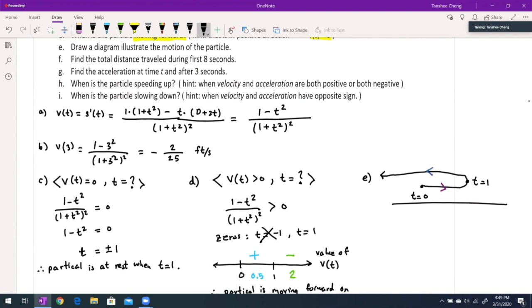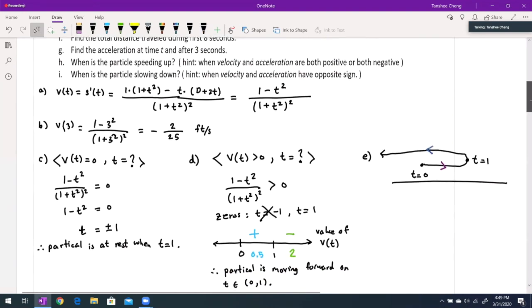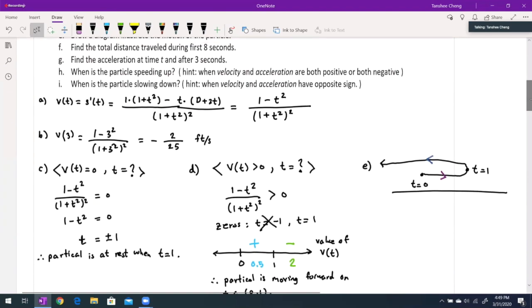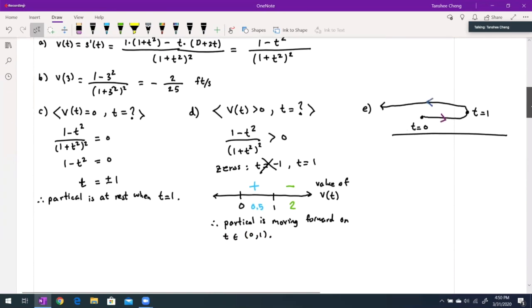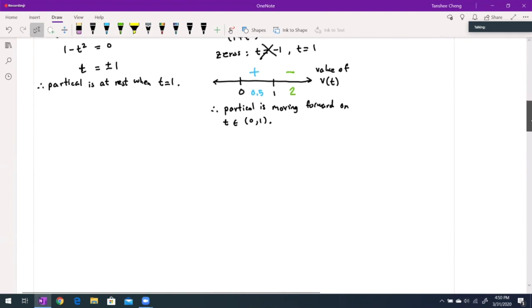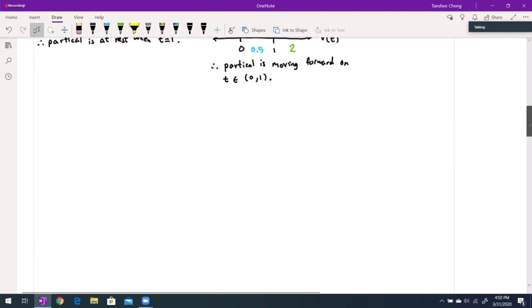Now the next one is asking you to find the total distance traveled during the first 8 seconds. Part F. When we talk about the total distance on the first 8 seconds, this is usually what we tend to do wrong.